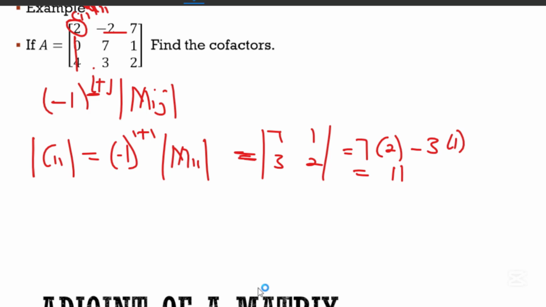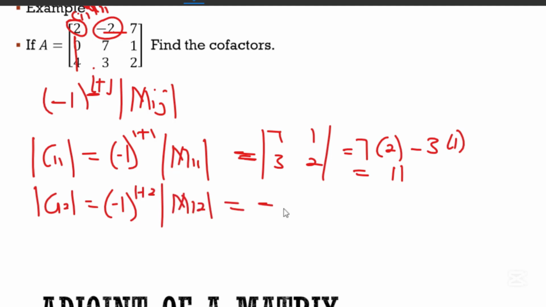So we can find all the cofactors of this matrix. Let's pick another element. Let's say the second element, which is -2. So we are going to have C12, which is (-1) to the power 1 plus 2. This one too is position 1, 2. If the sign pattern is plus, minus, plus, then this one is going to be negative, since the first one was plus.